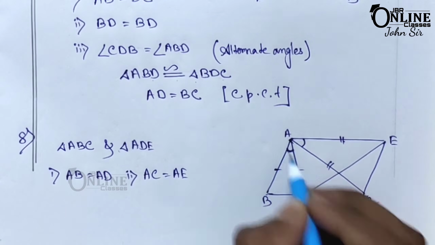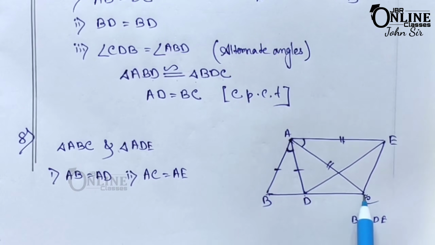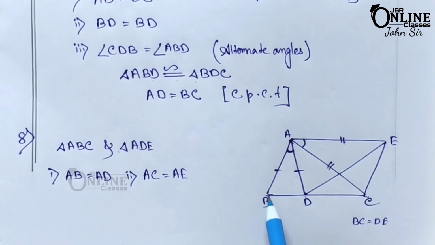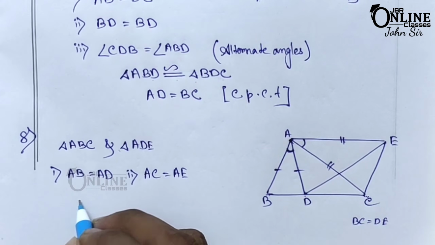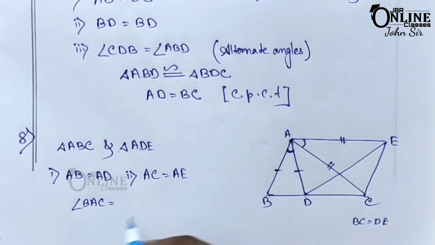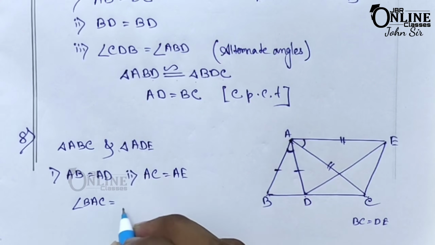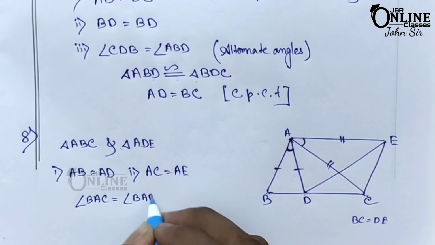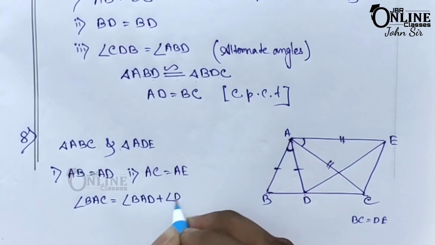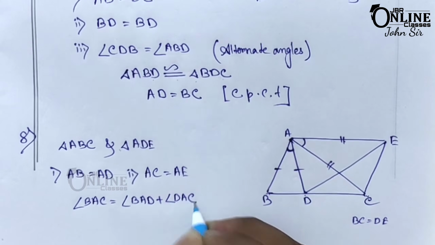So in the triangle ABC, angle BAC means angle BAD plus angle DAC. Clear?